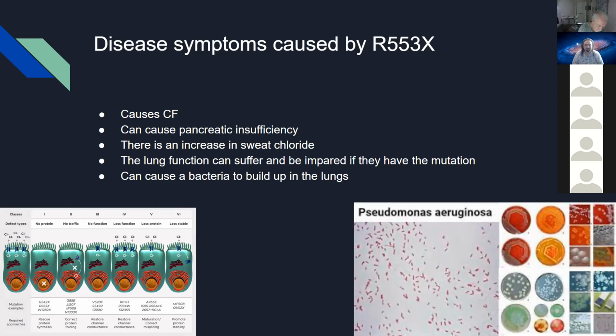Lung function can also suffer and be impaired. This mutation can lead to bacteria building up in the lungs and forming what is known as Pseudomonas aeruginosa, which is seen on the bottom right. Next slide.